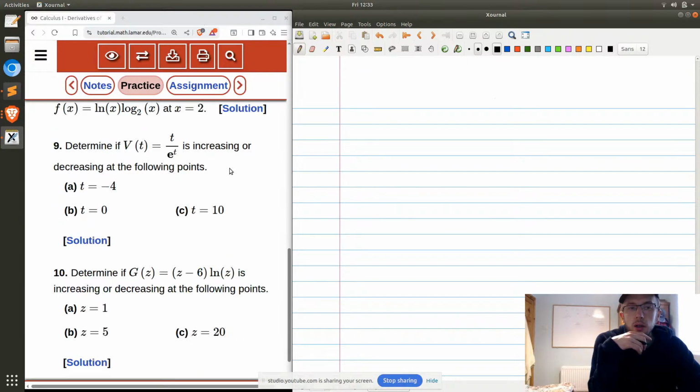Okay. Determine if v of t, which is equal to t over e to the t, is increasing or decreasing at these points. To solve that, we must differentiate v. So v prime of t, that's the quotient.